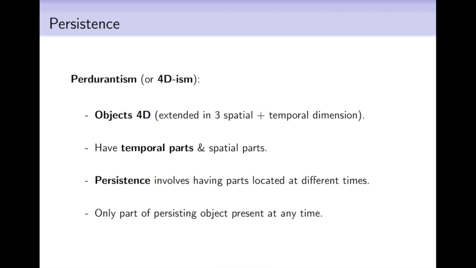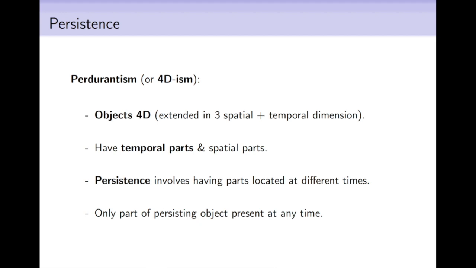So if you think about the spatial parts analogy, if we take a particular location of space, the location where my hand is, well, only part of me exists at that location, right? So it's only my hand. My foot, for instance, doesn't exist there as well. So if we take that region of space, only part of me is present in that region.